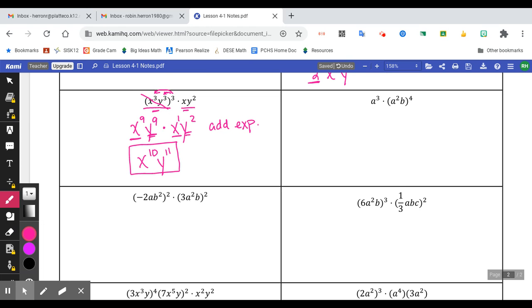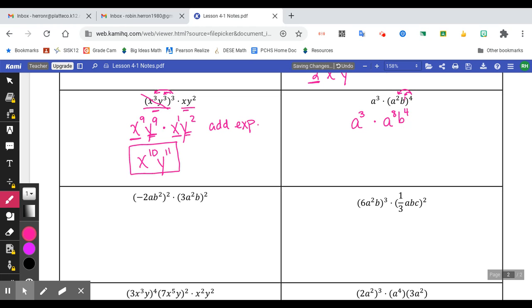Okay, let's go to the next one. The first part, a to the third, is all by itself, so it's not going to change. So I'm just going to drop that down. Now, the second part has a power on the outside, so we're going to distribute it to both on the inside. B, hopefully you're saying now, has a power of 1. So I'm going to have times a to the 8th, b to the 4th.